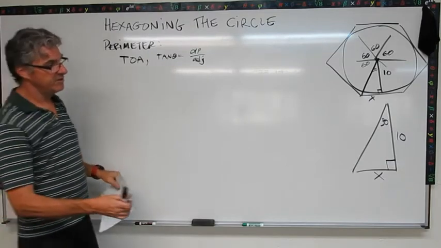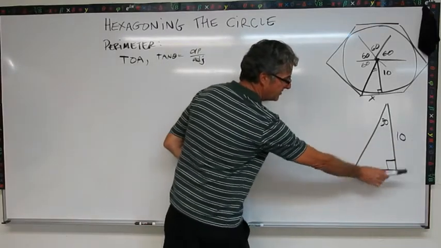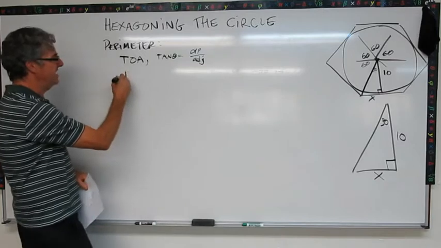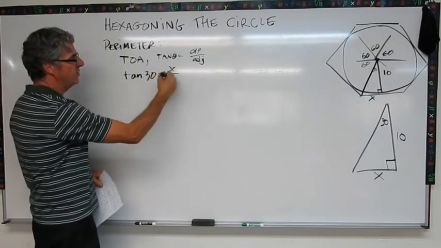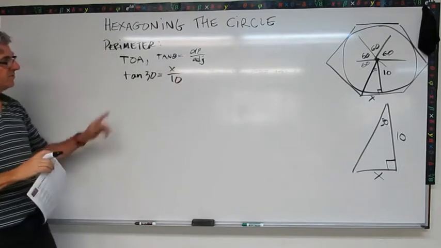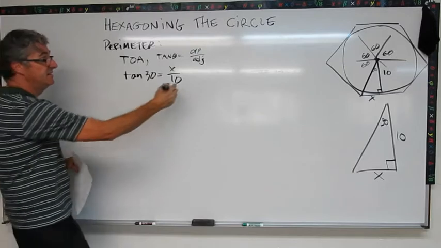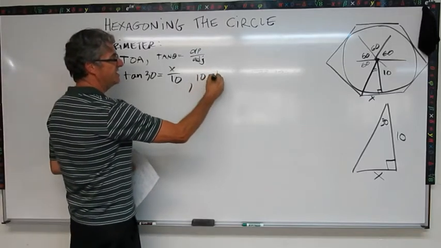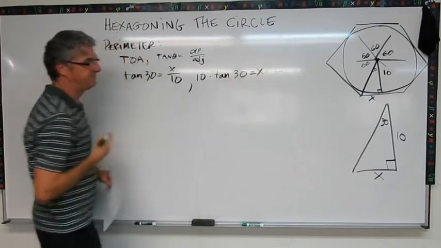So now what I can do is tan 30 is opposite over adjacent. So tan 30 equals x over 10. Now I can rearrange this equation to get x alone, multiply both sides by 10, and I'm going to have 10 times tangent of 30 equals x.